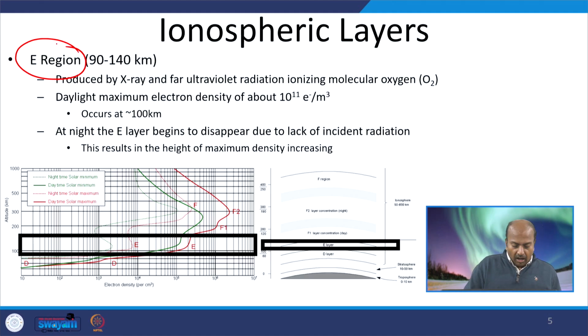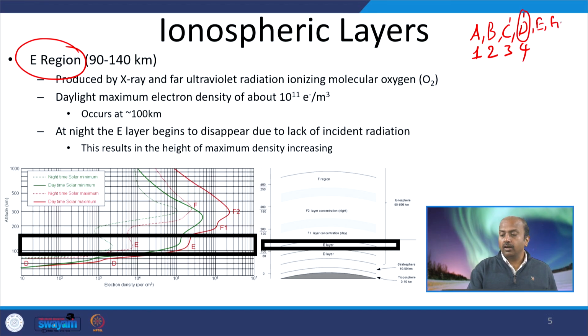Now, why are we referring to these layers as D, E, F1 and F2? Why don't we refer to them as, let us say, A, B, C, D, or 1, 2, 3, 4, or come up with a naming system similar to troposphere, stratosphere? For some reason these layers are defined as starting from D, E, F1 and F2.